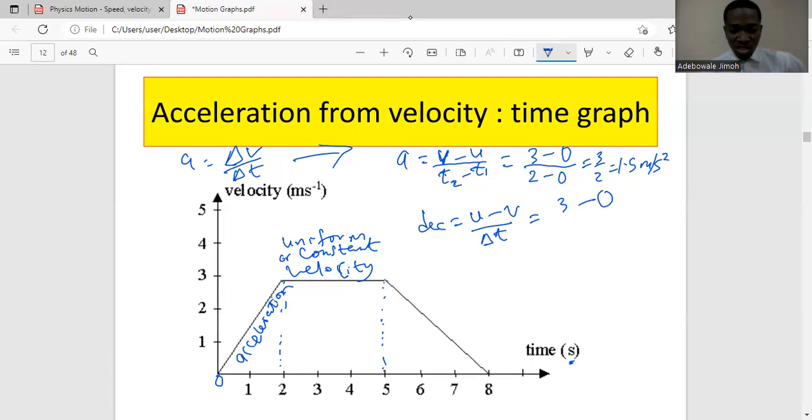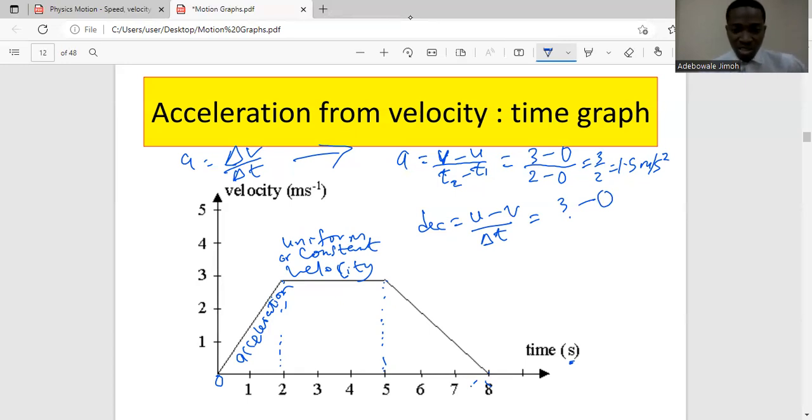What's the initial time? 5. Change in time is the span of time taken. Ideally it would be initial time minus final time, but our change in time must always be positive.